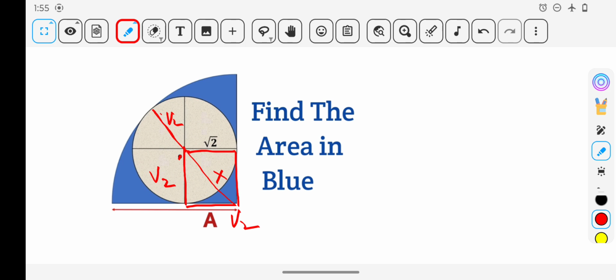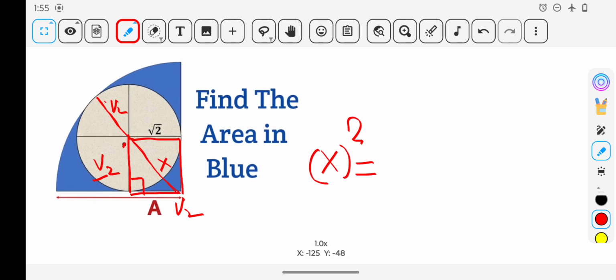Now it has become a right angle triangle. Using the Pythagoras formula, with x as the hypotenuse, x square equals √2 square plus √2 square.